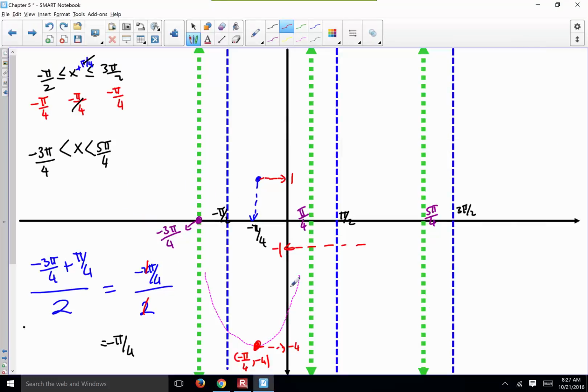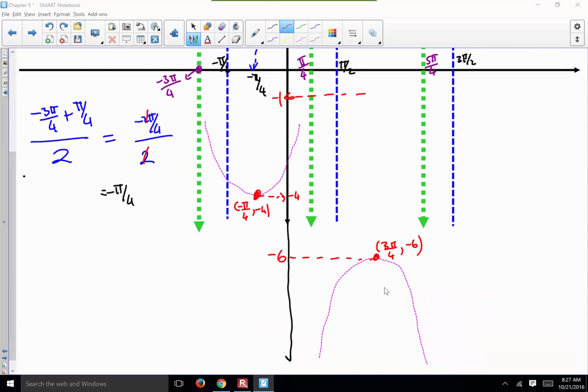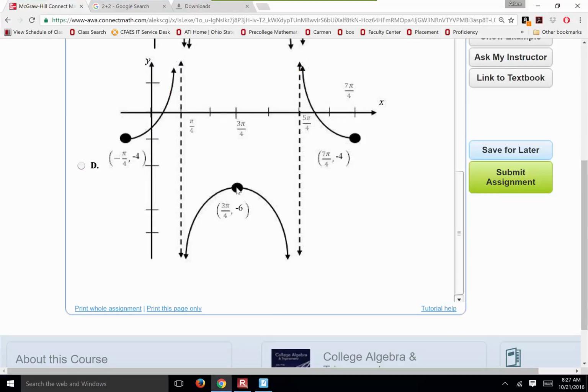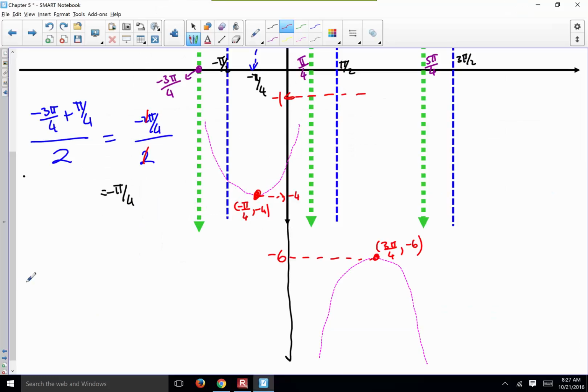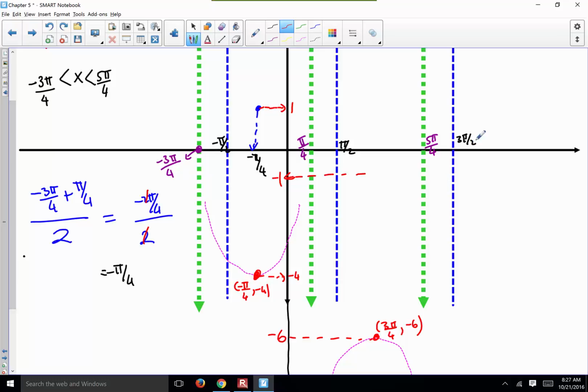Look, this piece is here, and where is that upside down cup? Here at 3π/4, -6. Yep. And there is a right piece. If I move this here, there is going to be a right piece from π/4 to wherever this final location is.